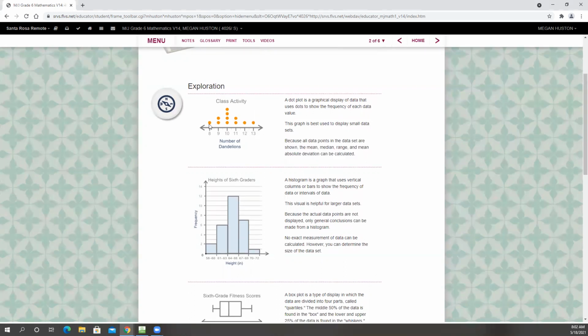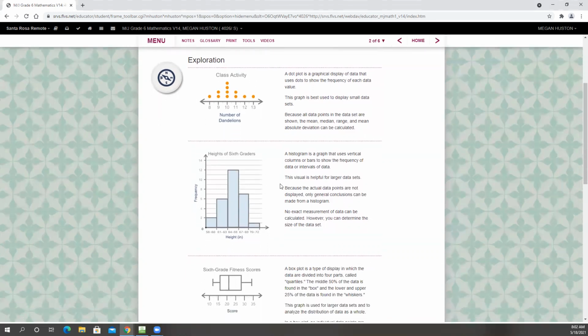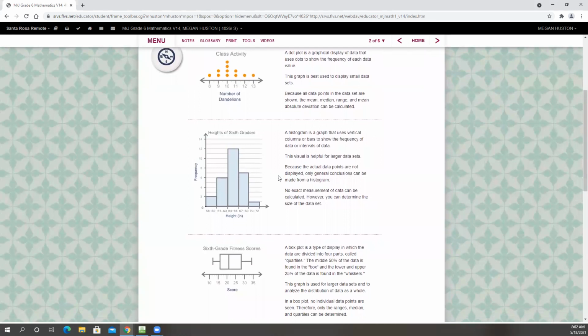So remember, each dot represents an individual piece of data. So we have 8, 9, 9, 10, 10, 10, 10, 11, 11, 12, and 13. So mean, median, range, and mean absolute deviation can easily be calculated from this because you can just write out your list of numbers.